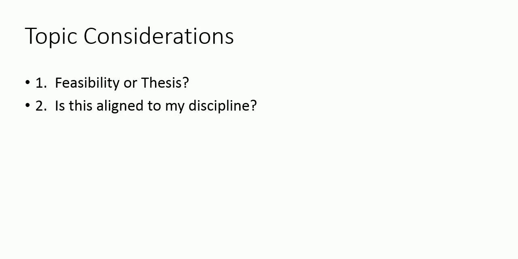Please choose a topic that's aligned to your discipline. The reason you are writing topics that are not aligned to your discipline is that you don't know anything about your discipline. So you really have to write a topic that is aligned to your discipline.